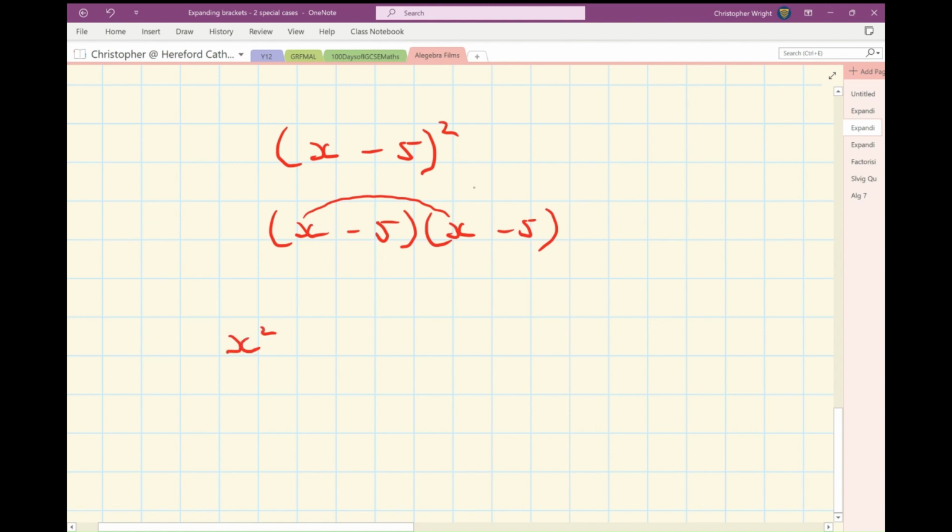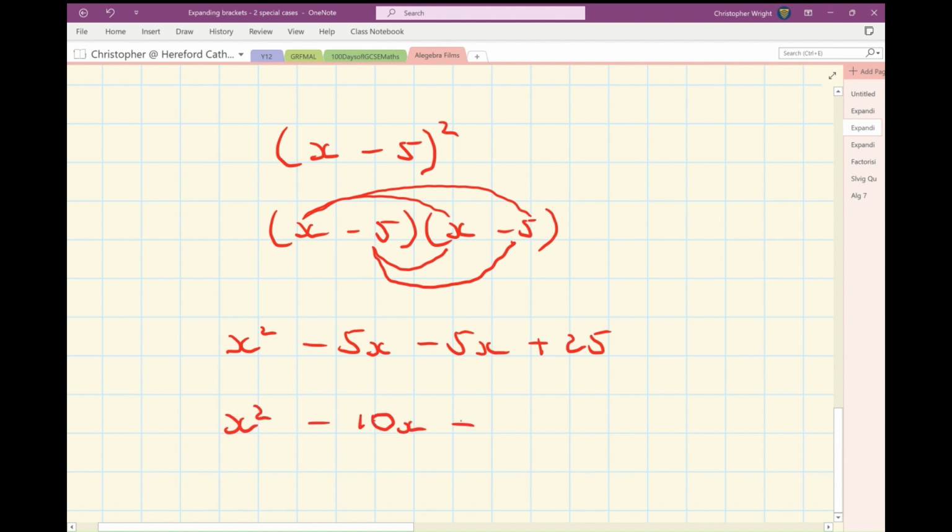I'm going to have x times minus 5, which is minus 5x. Now, I've got minus 5 times x, which is another minus 5x. And then I've got minus 5 times minus 5. Minus times a minus is a plus, of course. So that gives me x squared minus 10x plus 25.